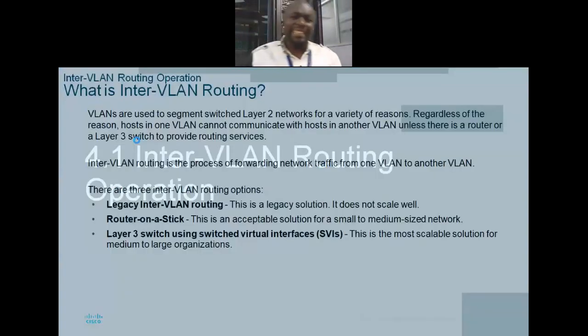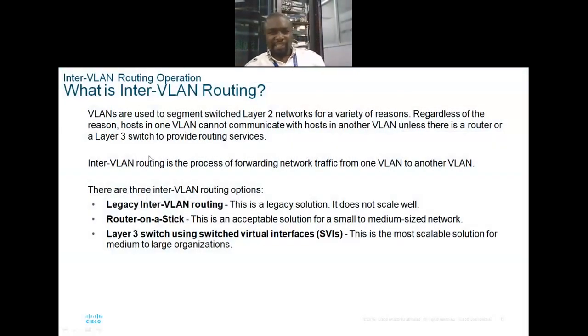Now, what is inter-VLAN routing? VLANs are used to segment switch layer 2 networks for a variety of reasons. Regardless of the reasons, hosts on one VLAN cannot communicate with hosts on another VLAN unless there is a router or a layer 3 switch to provide the routing services.